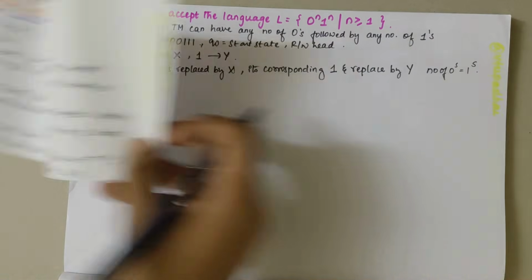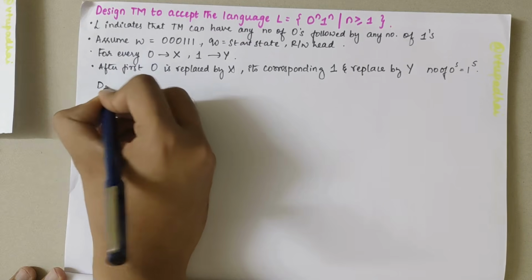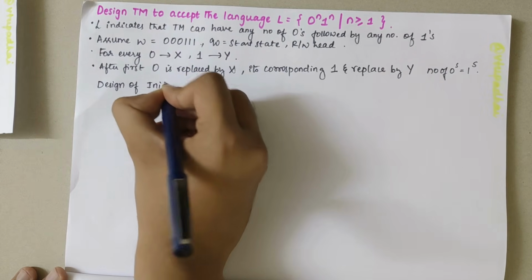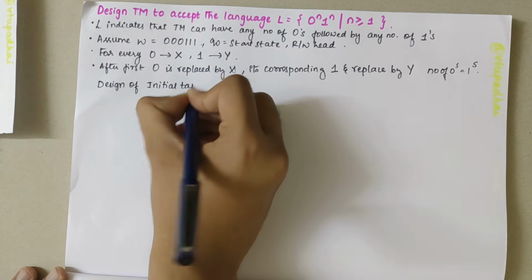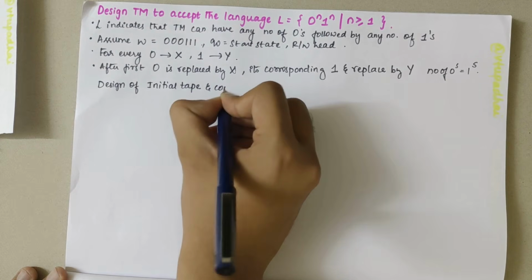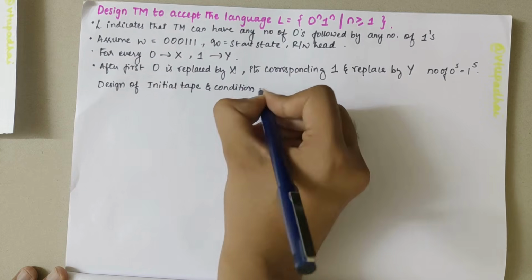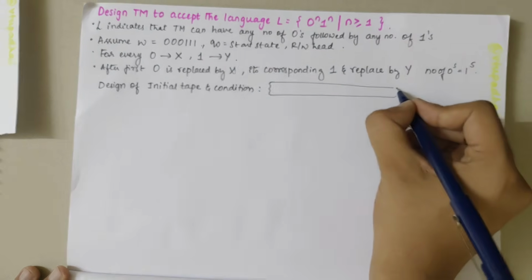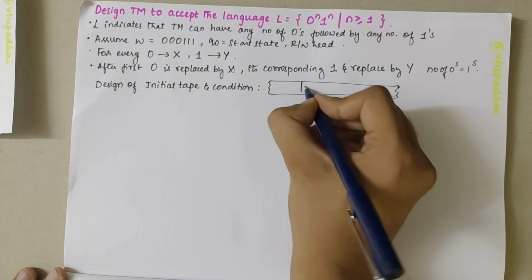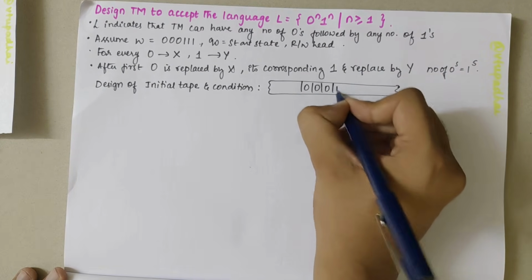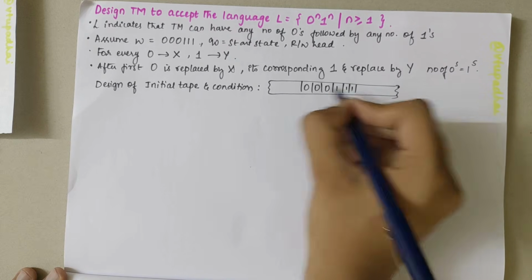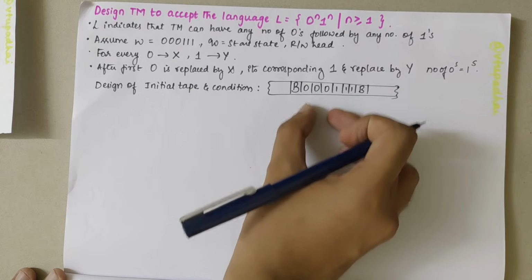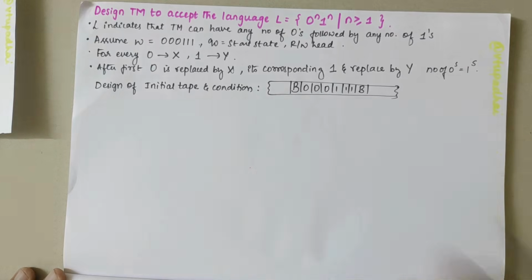So let's start with the problem. Design of initial tape and condition. Let me write the design of the initial tape and condition. So this is the tape, okay. So I have 0 0 0 followed by 3 ones, and then a blank here, representing that the string is between two blanks.